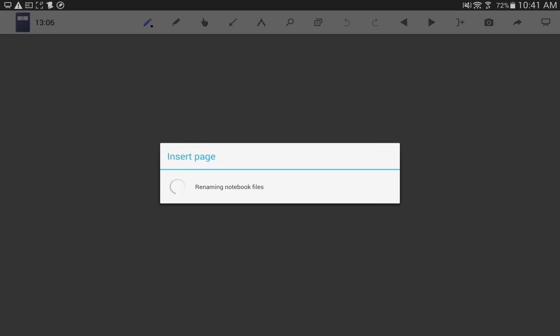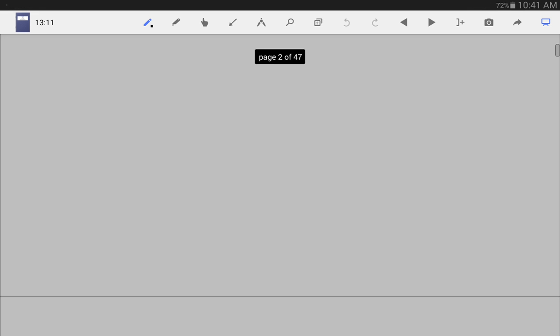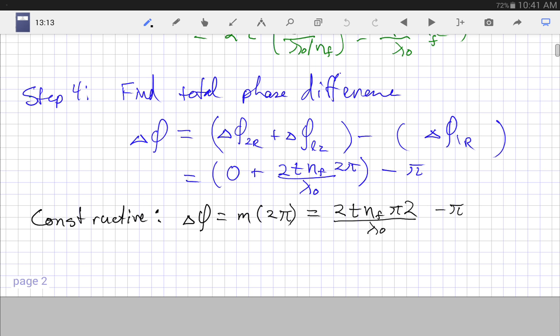Now, what do I solve for? Almost always I solve for the thickness that will result in constructive interference. So solving this for thickness, let me move this pi to this side, so I'll have m times 2 pi plus pi, and then I'm going to divide all of this to get the t by itself.